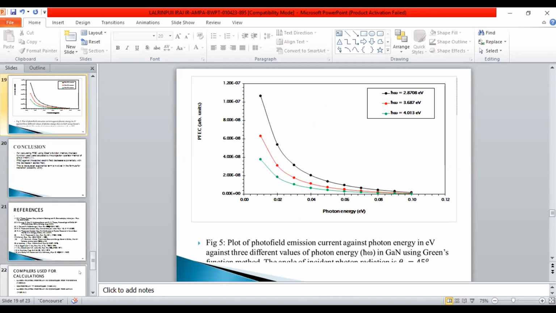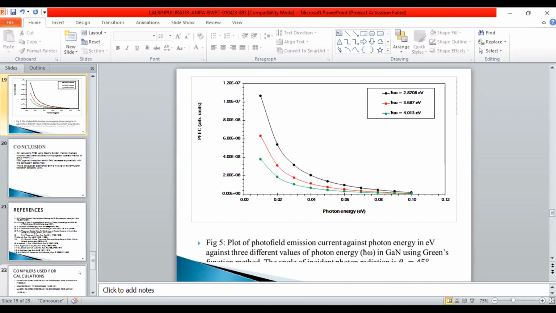In figure 5, we have plotted the calculated result of photo field emission current as a function of the applied electric field F for three different values of photon energies ħω. We have chosen the initial state energy Ei equal to 1 electron volt below Fermi level, EF equal to 0.0.